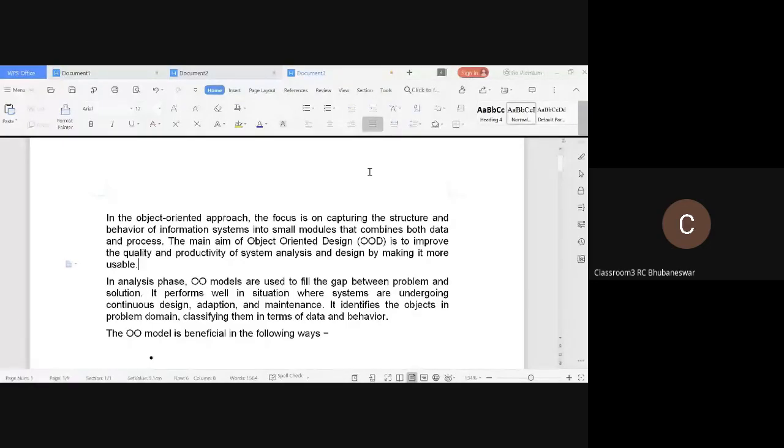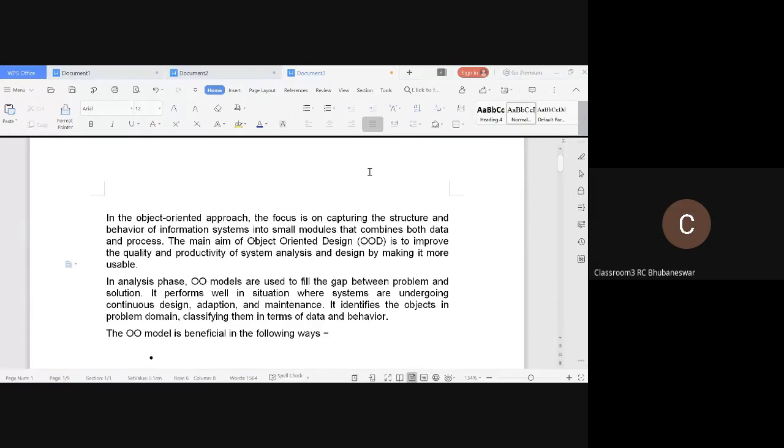So the main aim of object-oriented design is to improve the quality and productivity of system analysis and design by making it more usable. In the analysis phase, object-oriented models are used to fill the gap between problem and solution.